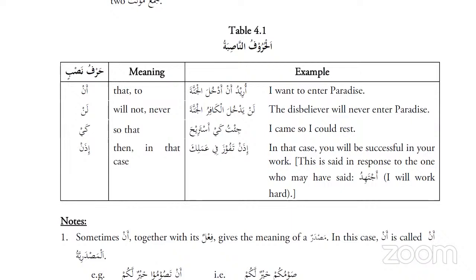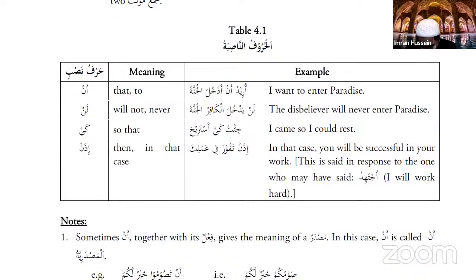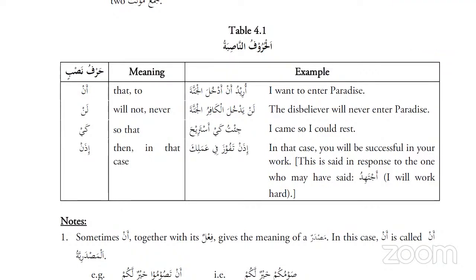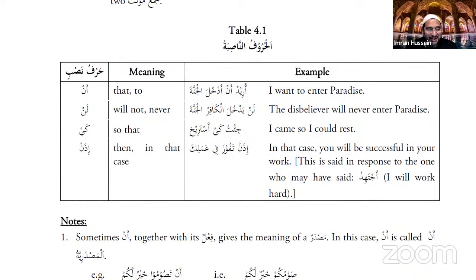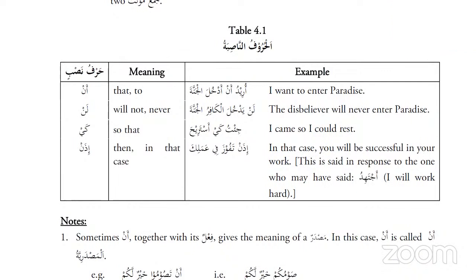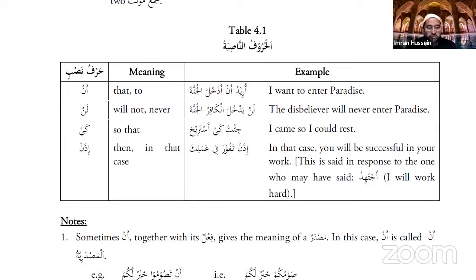Sister Zebunisa, bismillah. It will become fuz. How do you know that so quickly? I was preparing myself. Okay, you're right. So let's break it down. Tafuzu: ta, fa, waw, zal.